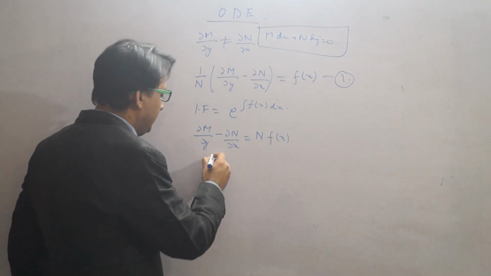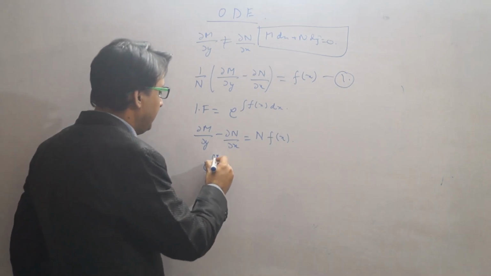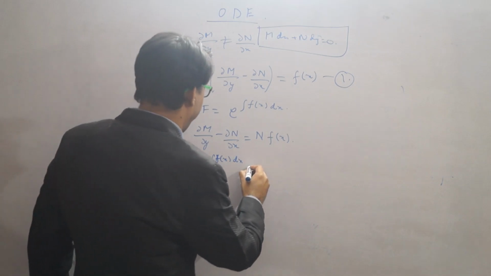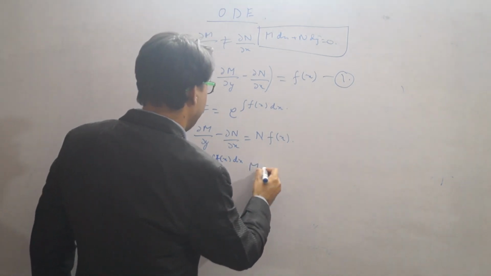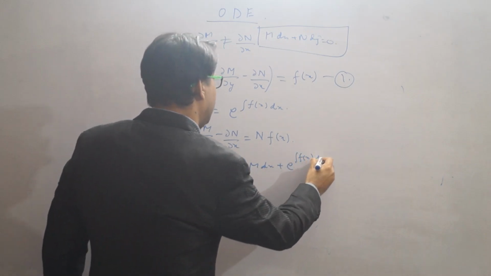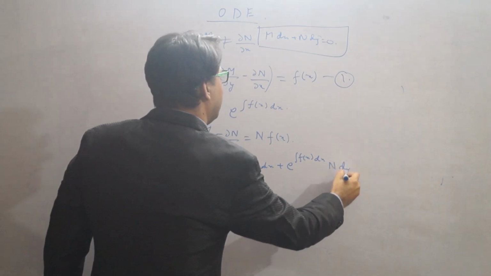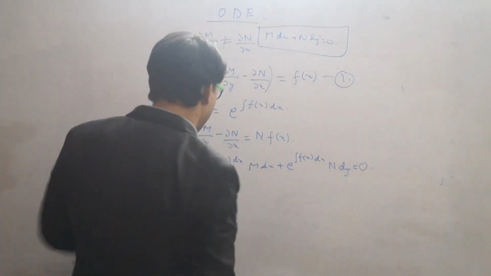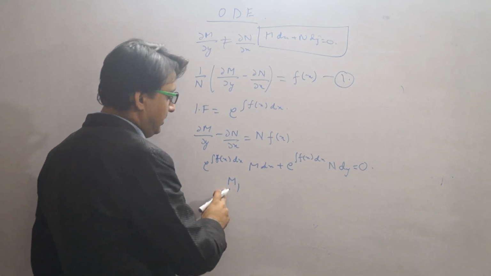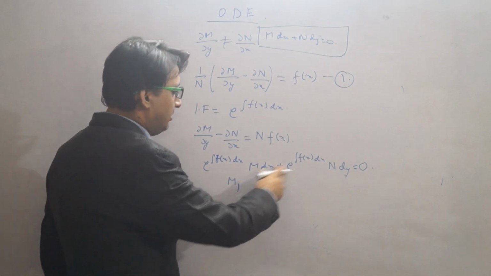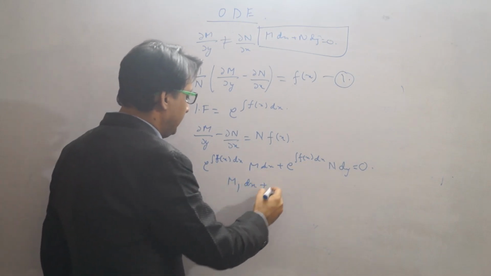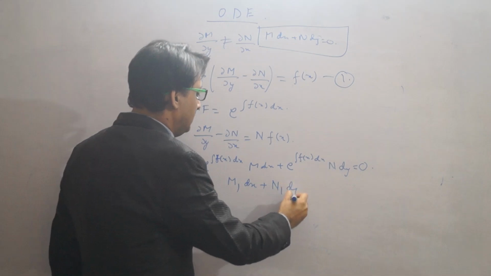So this becomes e to the power integral f(x) dx M dx + e to the power integral f(x) dx N dy = 0. And I call this my new differential equation, M1 dx + N1 dy = 0.